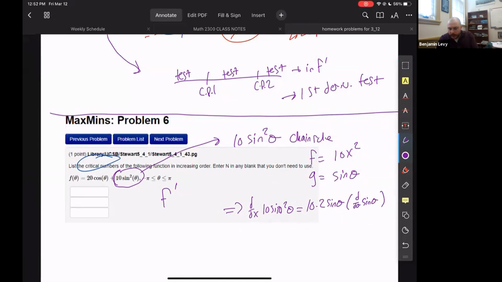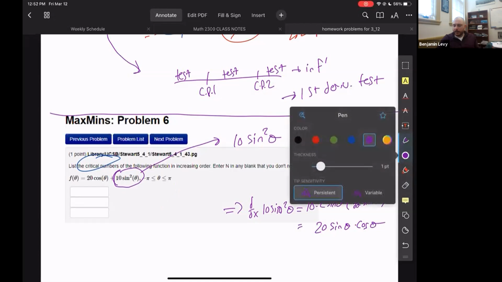Anyway, I don't know if this is what's tricking people up in this particular class, but in my last class, this was the issue. Does that one look okay? I'll write down the full derivative in just a second here, but I just wanted to focus on the sine squared for a moment.